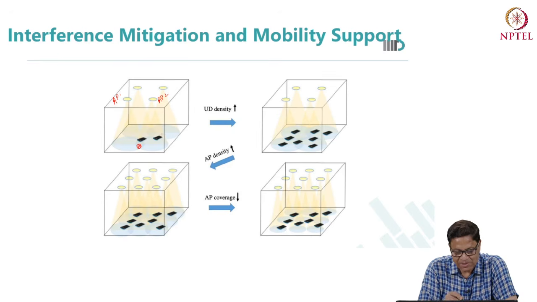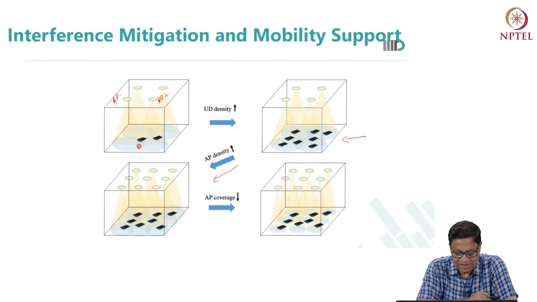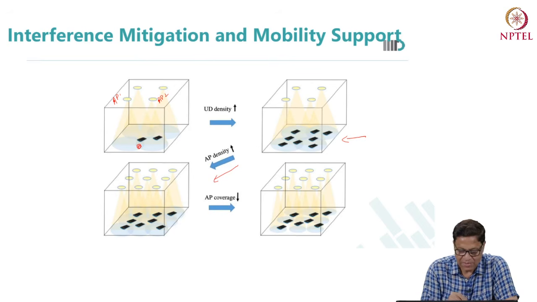And there can be a possibility that the user density increases, as is shown in this diagram, right? So there are again challenges if the user density increases, also when the access point density is increasing. So you see here about 9 access points. So there may be some challenge because of increased access point density and number of users.